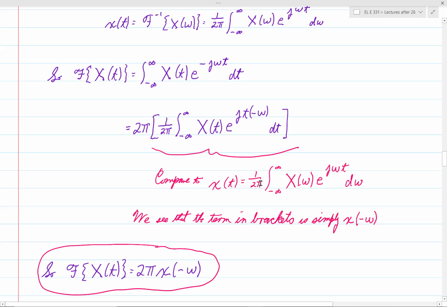Compare this expression right here with what you have in the brackets. And you can see that the term here in brackets is going to be just little x of negative omega.